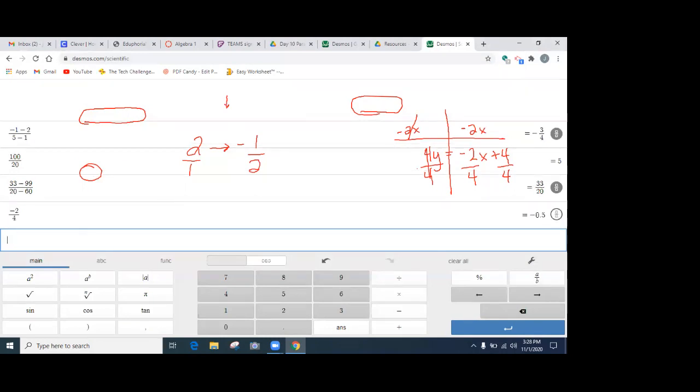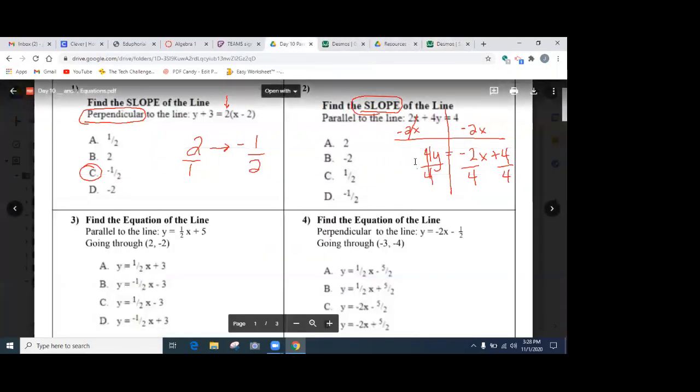So it gives me this 0.5, but then you click on this right here, it converts it to a fraction, which would be negative 1/2. So if this is negative 1/2, then the parallel slope would be the exact same. If this is negative 1/2, then my parallel slope would be negative 1/2.